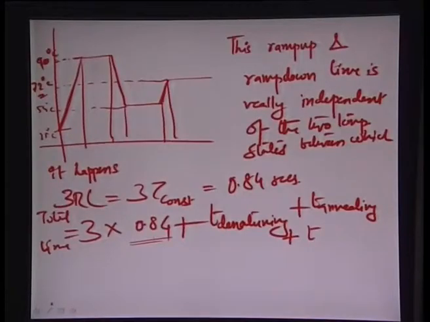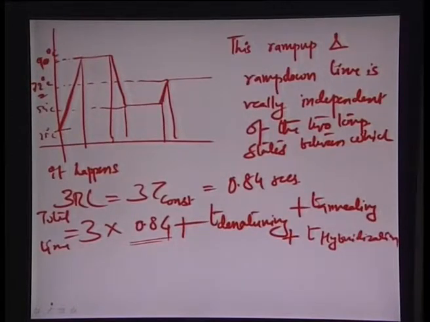So the total time of the reaction in this case is 3 times 0.84 seconds, which is the time constant for the PCR volume, or the microreactor volume, from the last question, plus denaturing time, plus annealing time, plus hybridization or extension time.